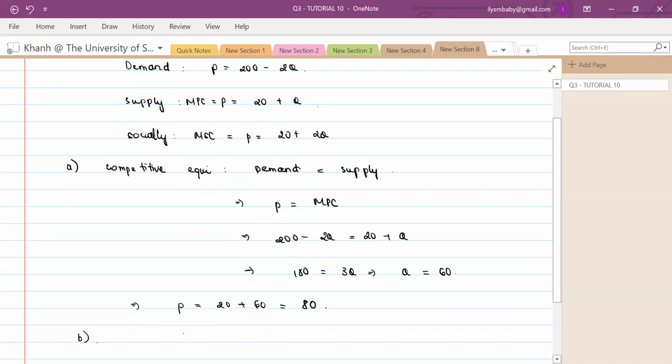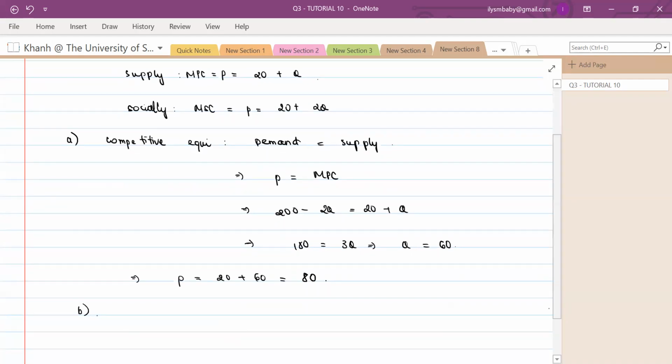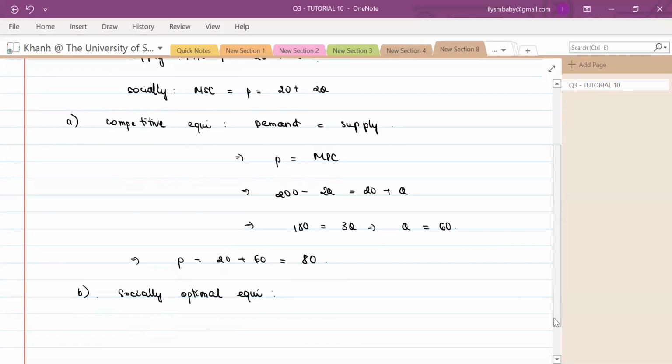Now part B asks you to find the socially optimal level of output, the socially optimal equilibrium. Now we have to take into account the social costs, so we not only take into account the cost for the firm, but also the external costs that the production of the battery creates for the society.